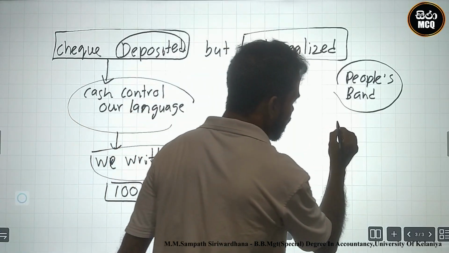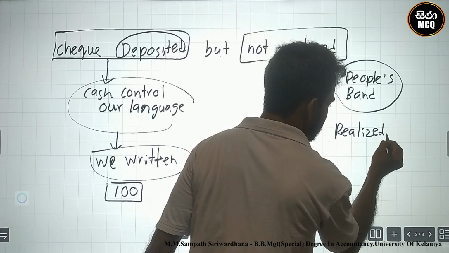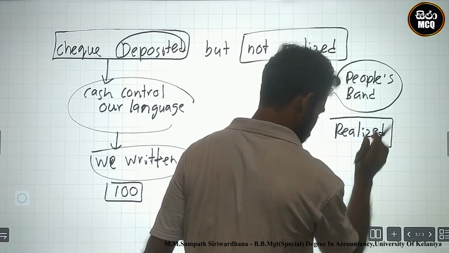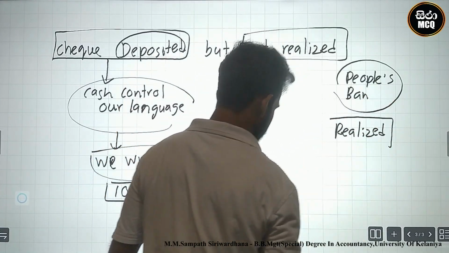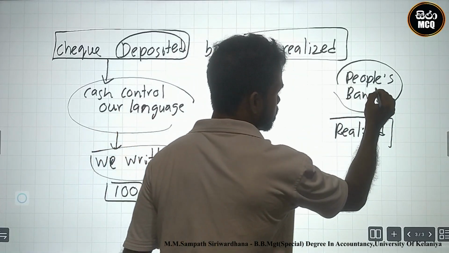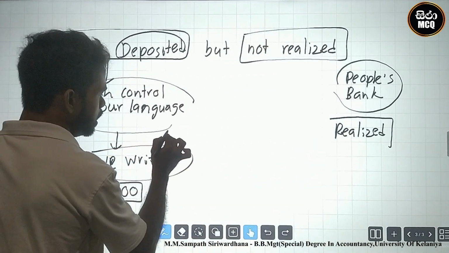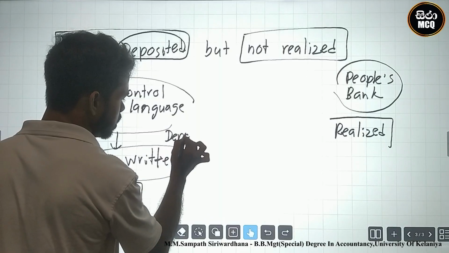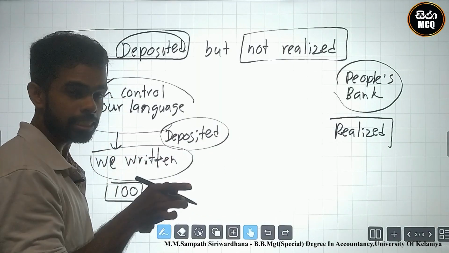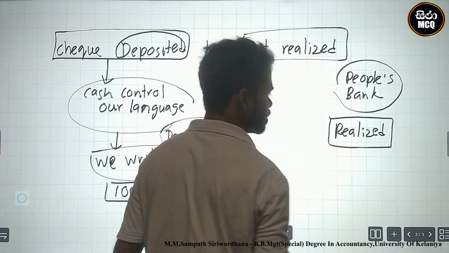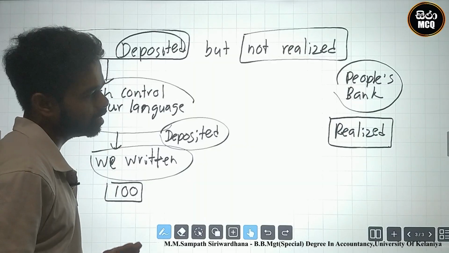What is this? Realized. This is the People's Bank language. Look here, we said deposited in our language. They said realized. We deposited 100 checks.